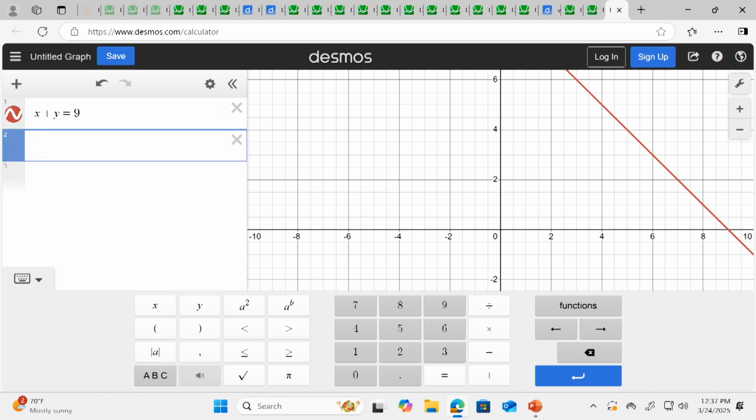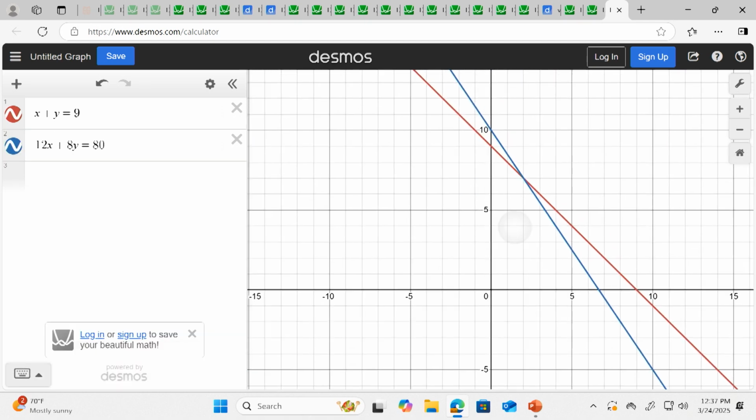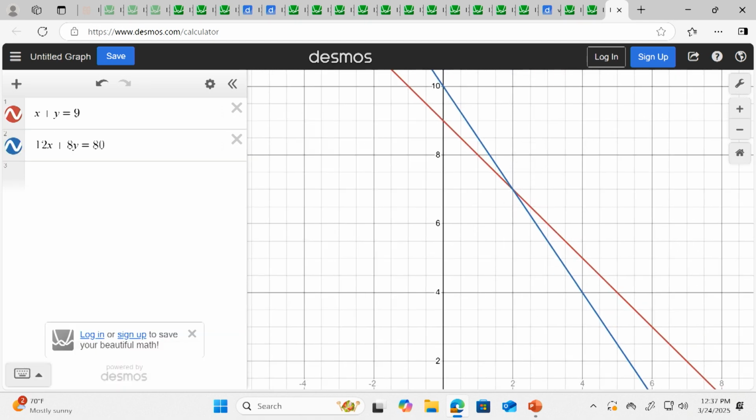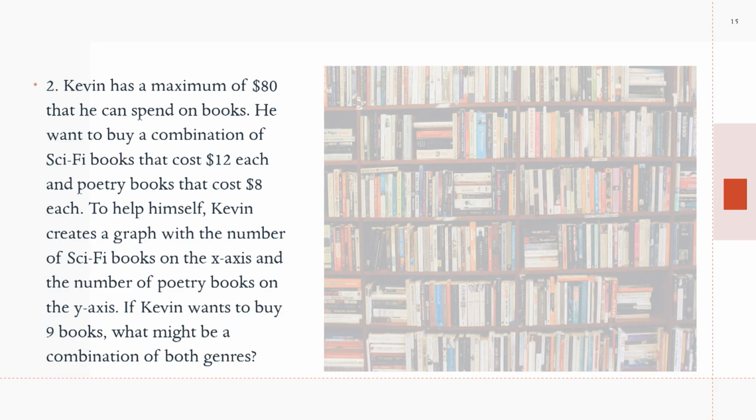Then I got 12x plus 8y equals $80. So where they cross is my solution. And I have them crossing at 2, 7.